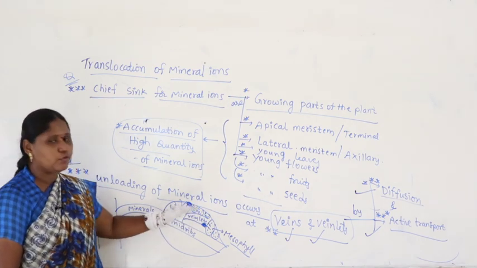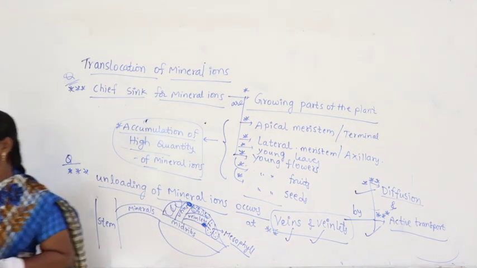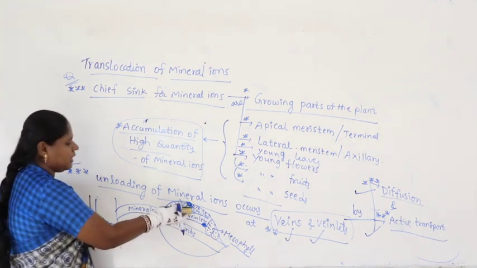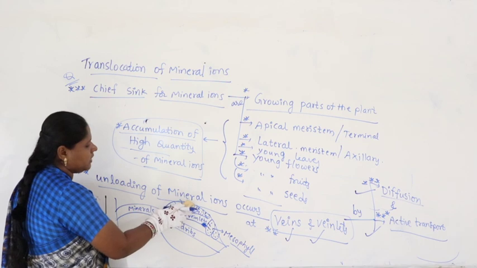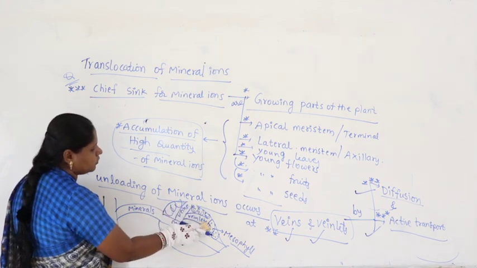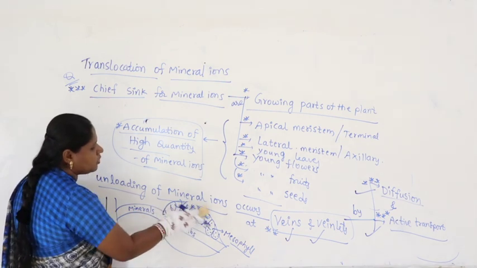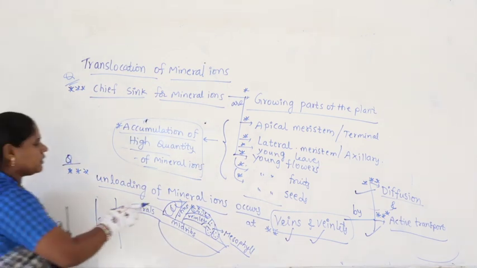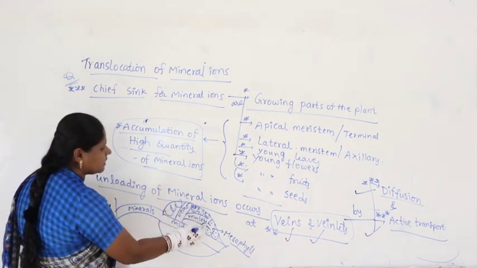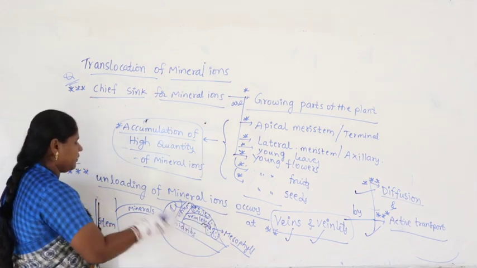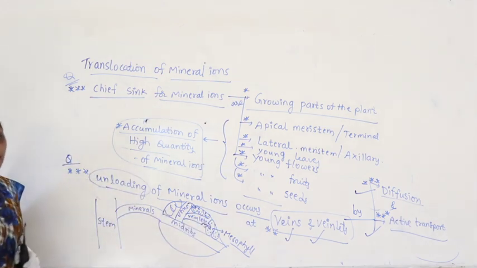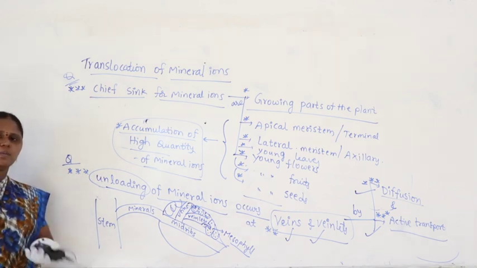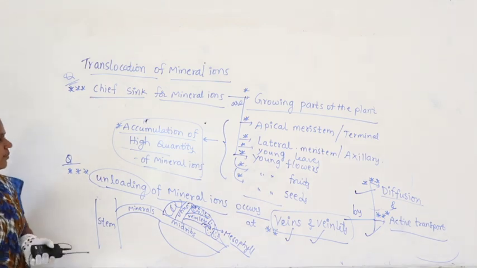So it will give nutrients, meaning what? Unloading. What is the meaning of unloading? First it is fully loaded, later it will transfer all nutrients to mesophyll. That means unloading. They carry it fully loaded, after that they make unloading, means they will give everything to mesophyll.